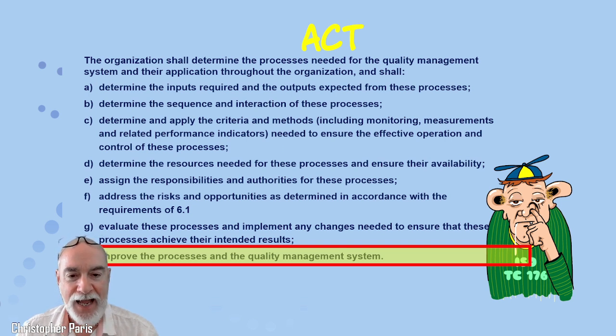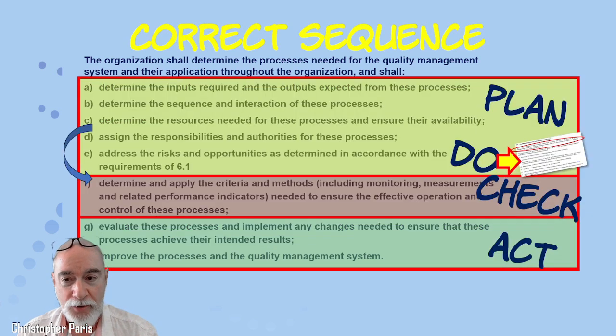So the dummies had an opportunity here, okay, to get this correct and to put PDCA just in this clause alone, in this bulleted list, and they jumble it all up because they're so confused and they don't understand anything. So if we put it in the right sequence, this is what you do. First, you determine your inputs and outputs, then the sequence and interaction, resources, responsibility, authority, risk, and opportunity. That's all the planning, okay?